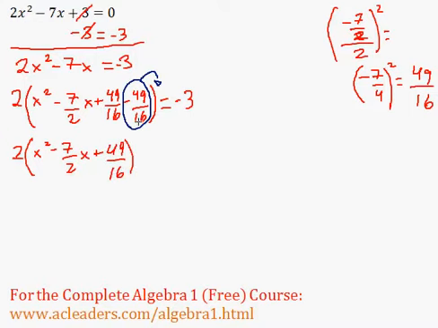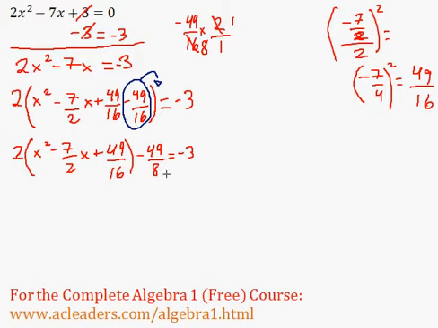Now negative 49 over 16 times 2 is just negative 49 over 8. Why is it just 8? Because I'll just do it up top here. If we multiply by 2, the 2 and the 16 cancel out. So we have negative 49 over 8.